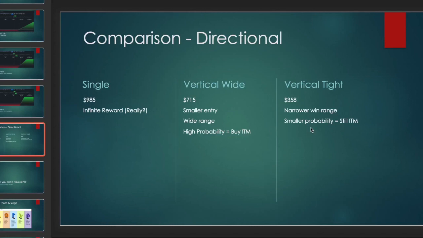And in the tight vertical, well, obviously it is a much smaller range, but you can still buy in the money because it's a vertical, and you can see the difference. I mean, we're talking 50%, or 100%. The difference between $700 and $300, $350. Okay, so this is why verticals are a lot more appealing.